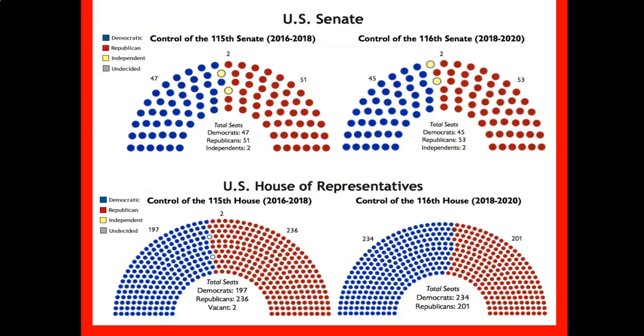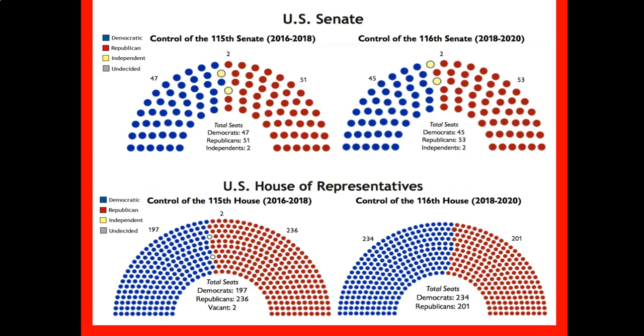Now, I do want to talk, and we're kind of going to move on to our current political structure. As you can see here, you have the 115th Congress and you have the 116th Congress here, and one goes back to 2016 and the other starts in 2018.